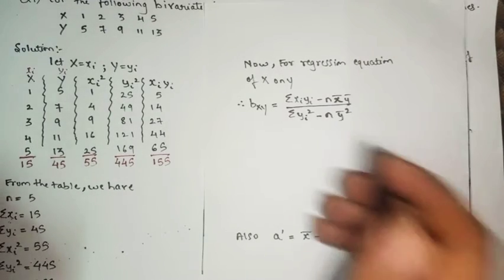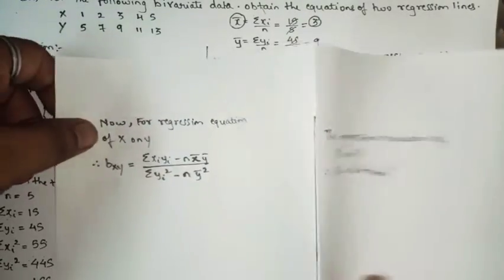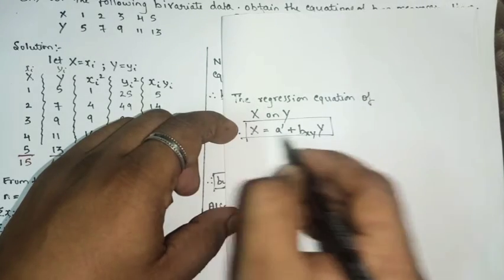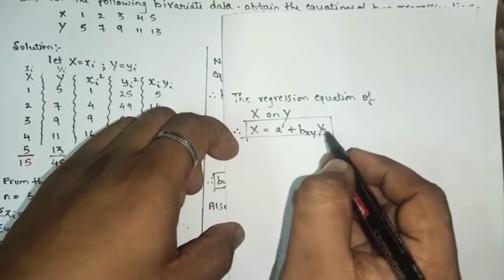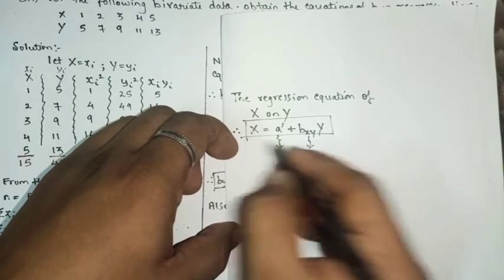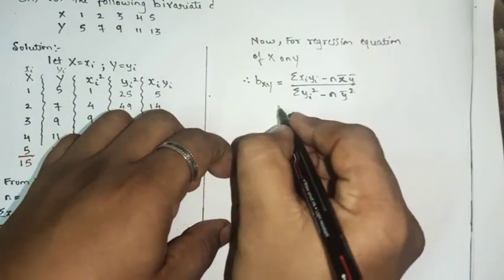Okay, so here we have the formula, that is x equals a dash plus b_xy y. So without knowing the value of a dash and b_xy, we cannot find our regression equation x on y. So first we'll find b_xy.